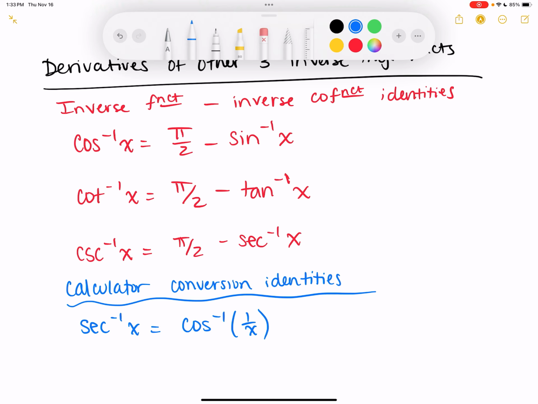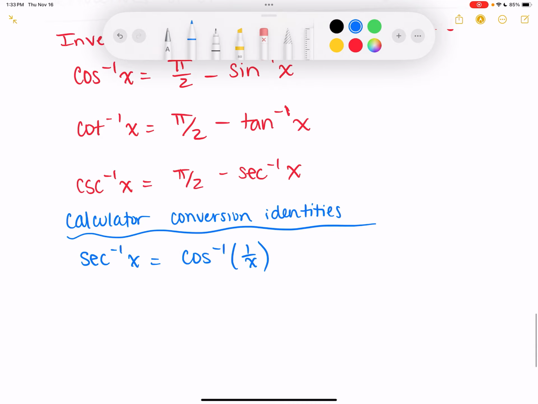Because there's no inverse secant button, there's no inverse cotangent, and there's no inverse cosecant, so this is how we would input them. For cotangent, we would do pi over 2 minus the inverse tangent of x, so that one will look the same as it did up there. And the last one, the inverse cosecant is equal to the inverse sine of 1 over x.